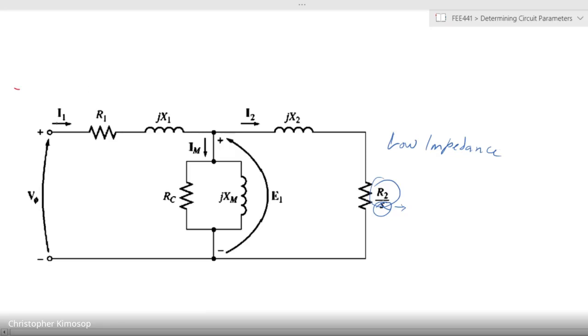If you have our input current I1 coming and splitting into I2 and IM, because this arm or this path has low impedance compared to this path, the bulk of the current will tend to flow in that wing, and the impact of this will be much, much reduced, right? So in fact, we tend to ignore it, because the impact of this low impedance being there is that IM tends to be 0, and the impact of these are reduced.